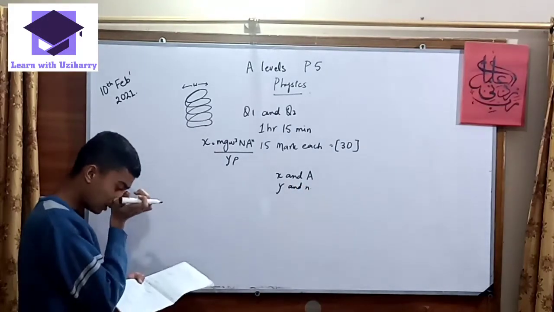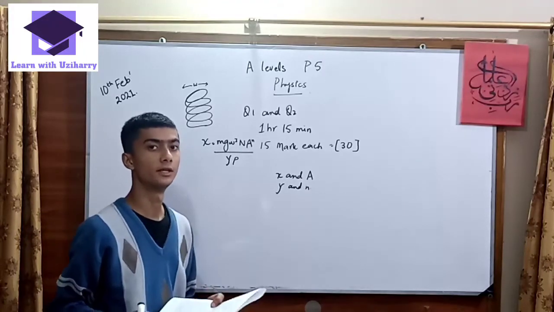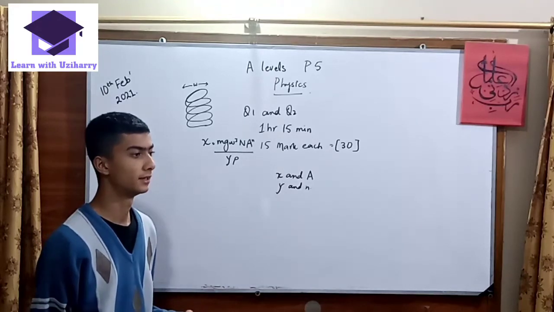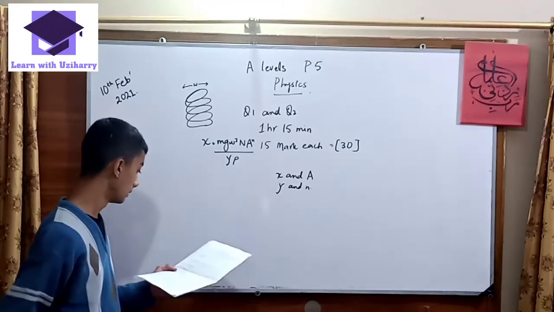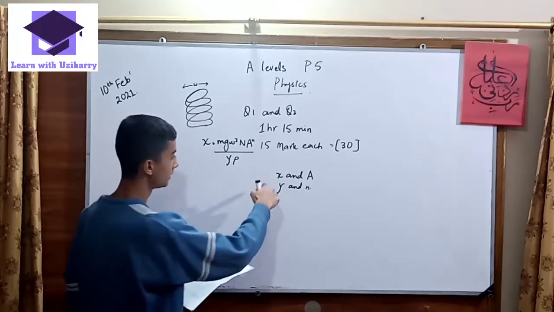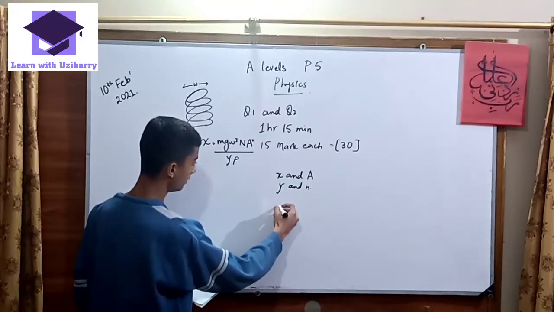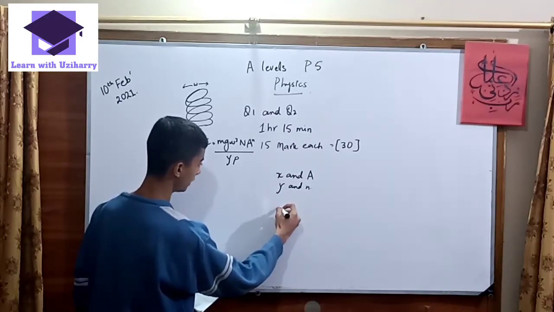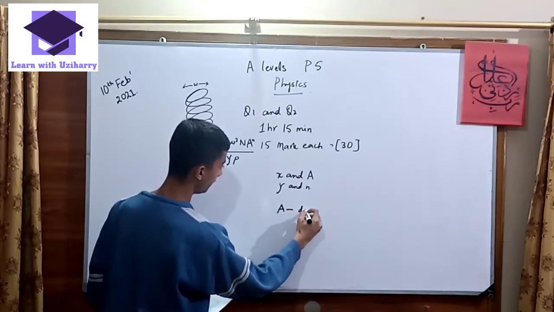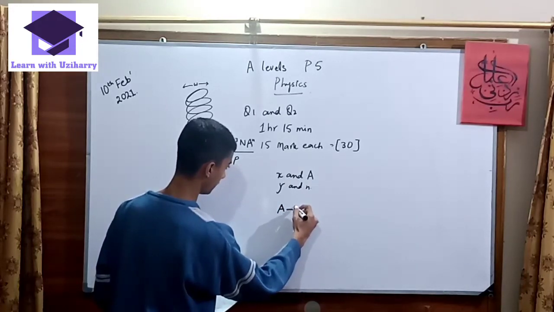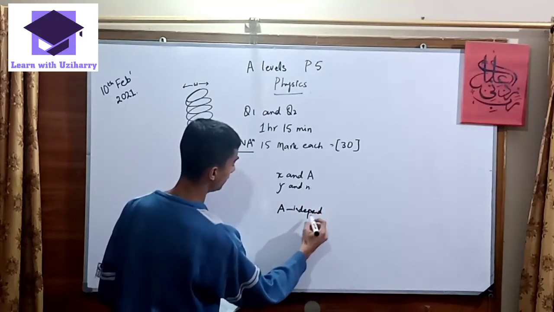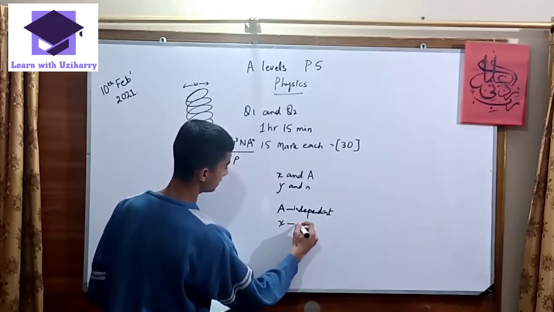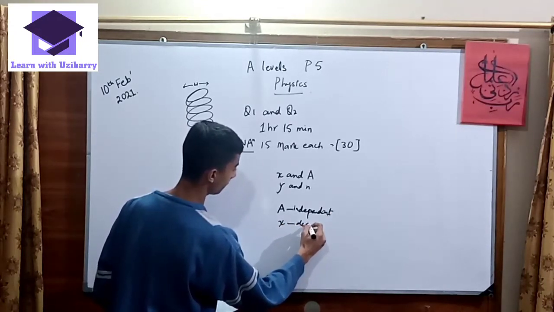In the question we have headings given: defining the problem, method of data collection, method of data analysis, and additional details. To define the problem, the cross section area is the independent quantity and the extension is dependent upon the cross section area.